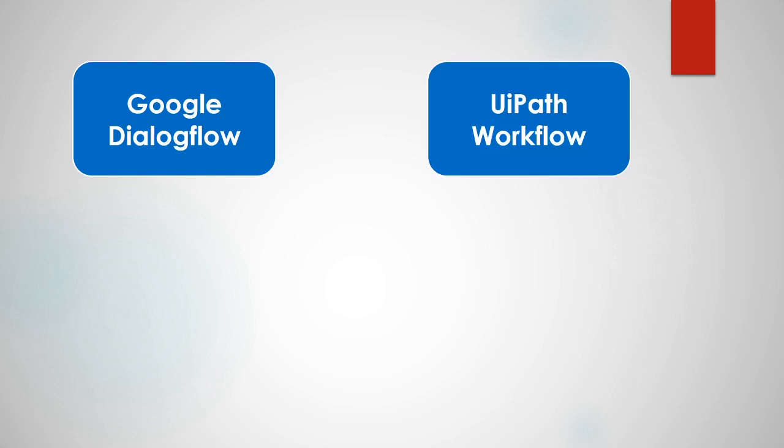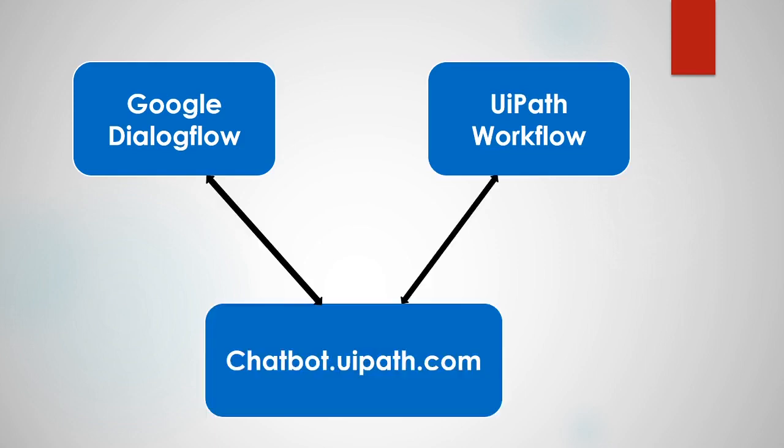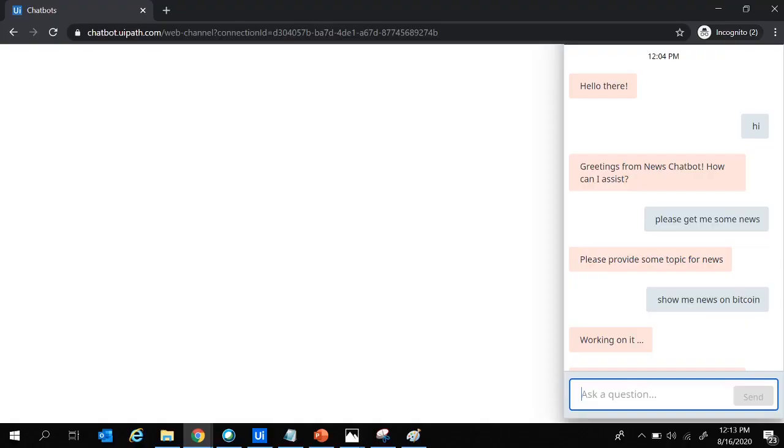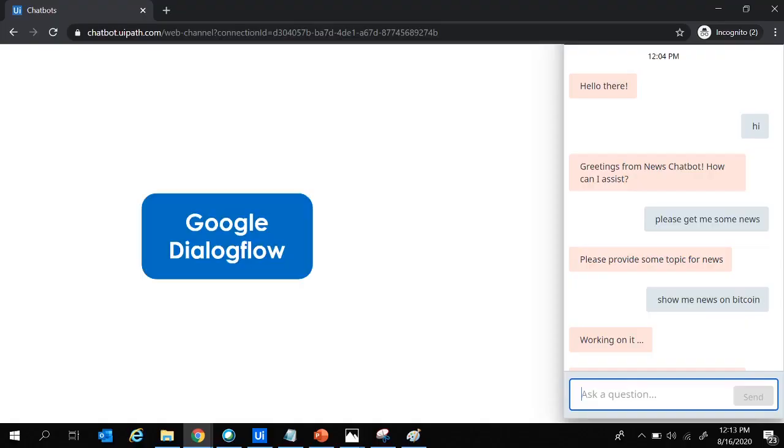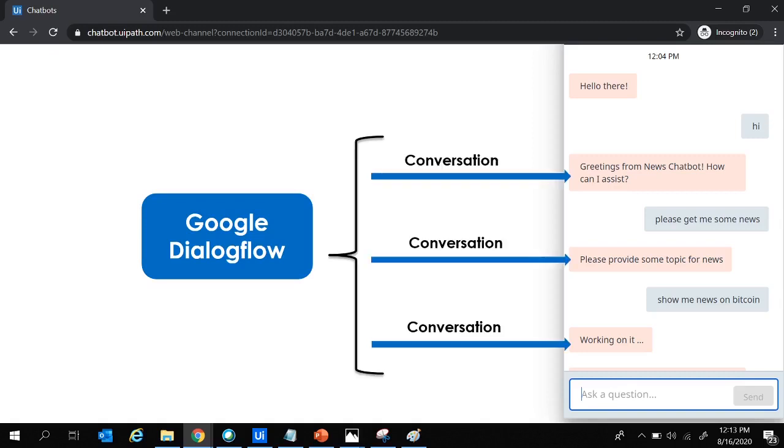And next, we will map our work from these two applications using the website chatbot.uipath.com. So let's begin our work with Google Dialogflow, which will be responsible for all the conversations from the chatbot side. So let's move to Google Dialogflow.